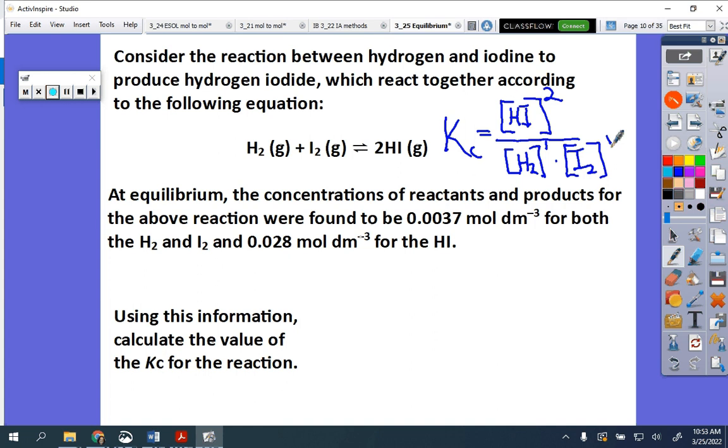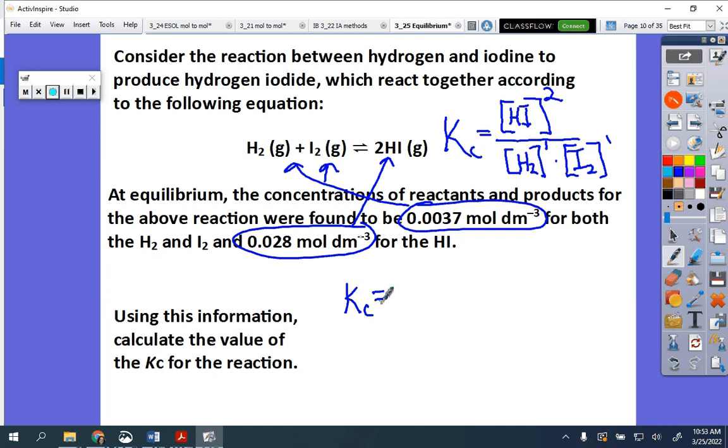So we can say the concentrations of the H2 and the I2 were 0.0037 moles per liter and 0.028 moles per liter for the product. So we can just throw that in.